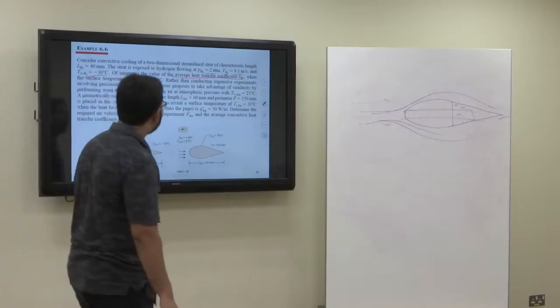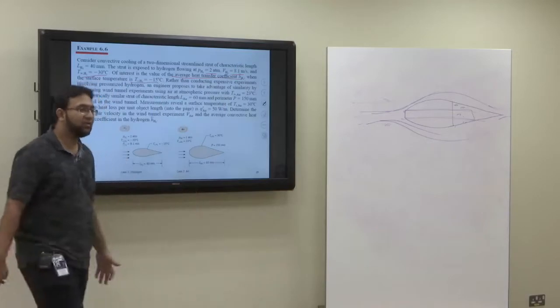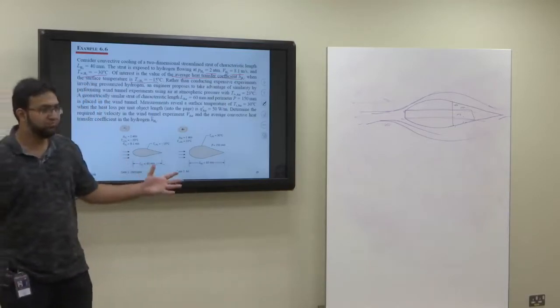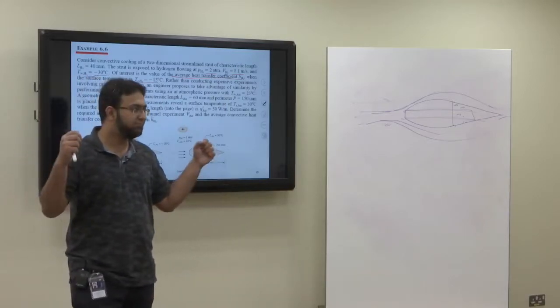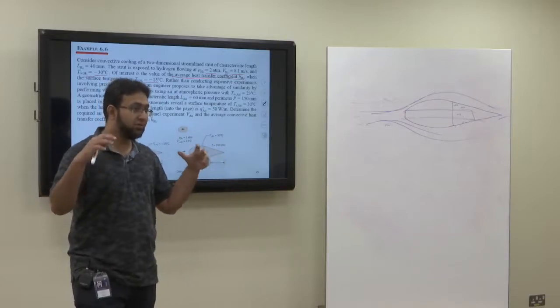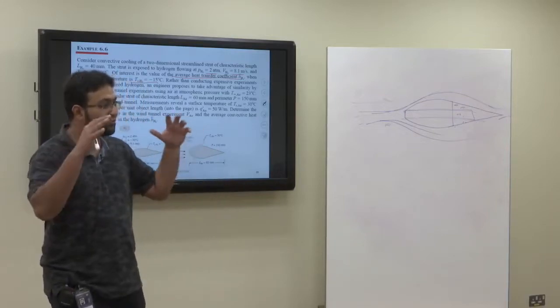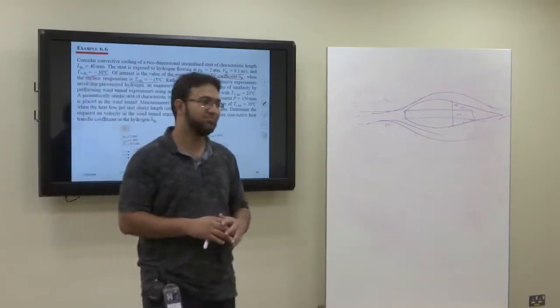Now how can we determine the average heat transfer coefficient? One way is that we make a very pressurized room. We do not fill it with air, we fill it completely with hydrogen. We cool the hydrogen to negative 30 degrees centigrade.